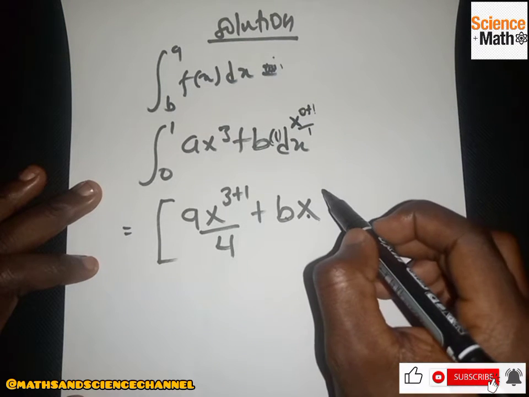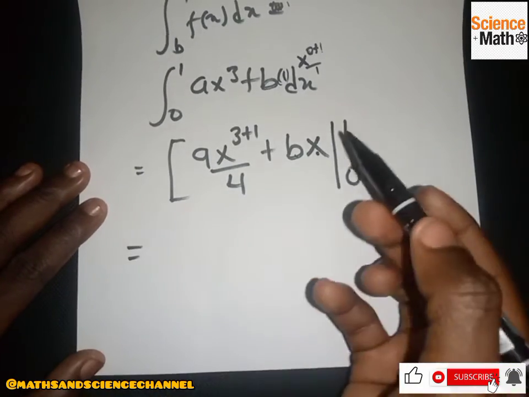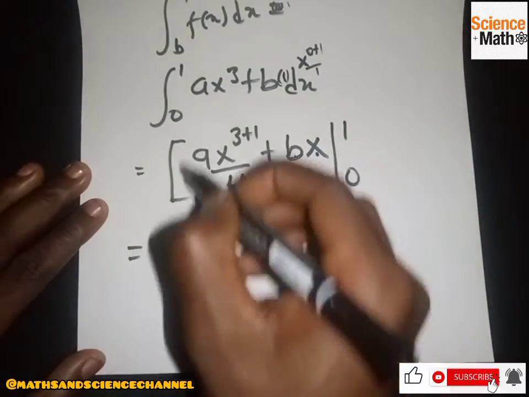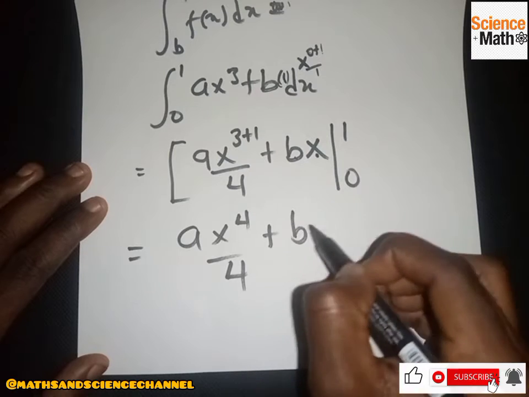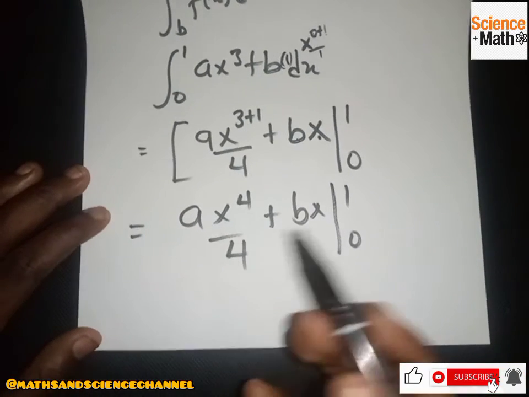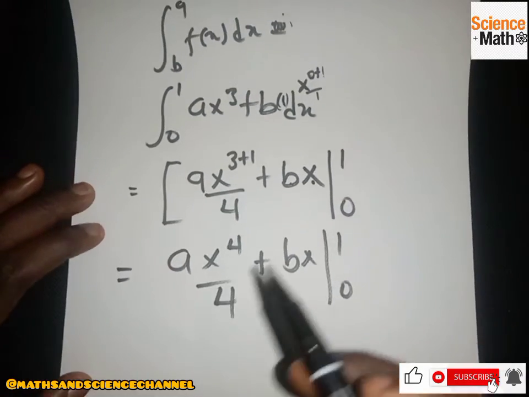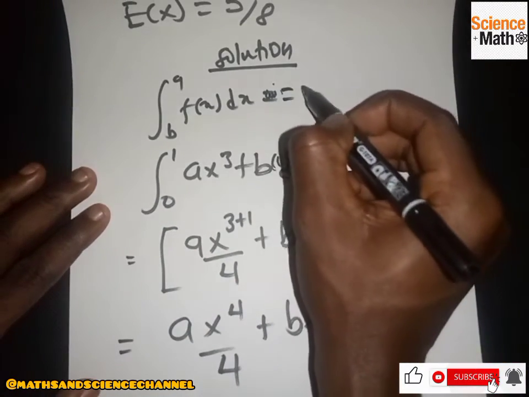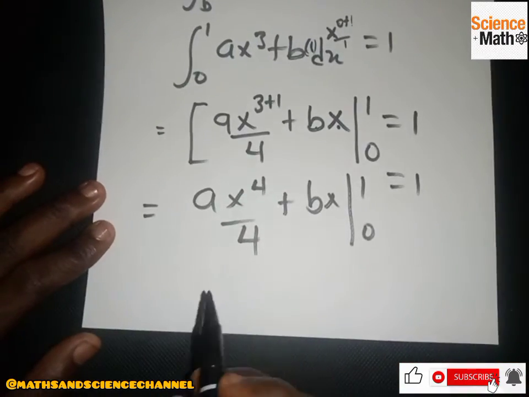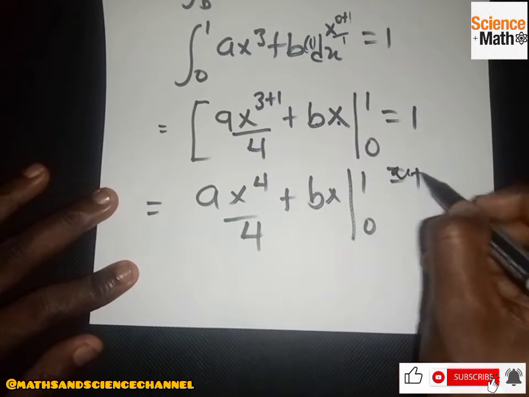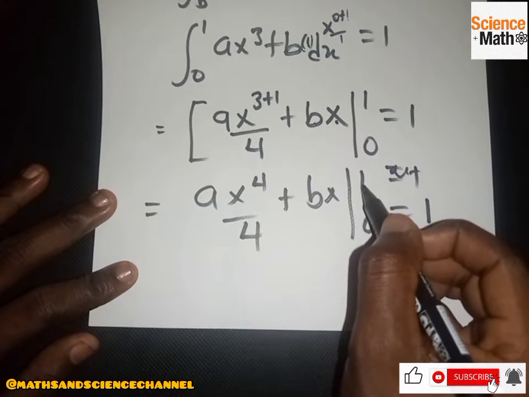So from here we have the limits 1 and 0, so we just substitute 1 into the whole thing. Let's simplify that. When we substitute 1 into the whole of that, remember we are using the property that 1 to any power is 1, so everything here equals 1.